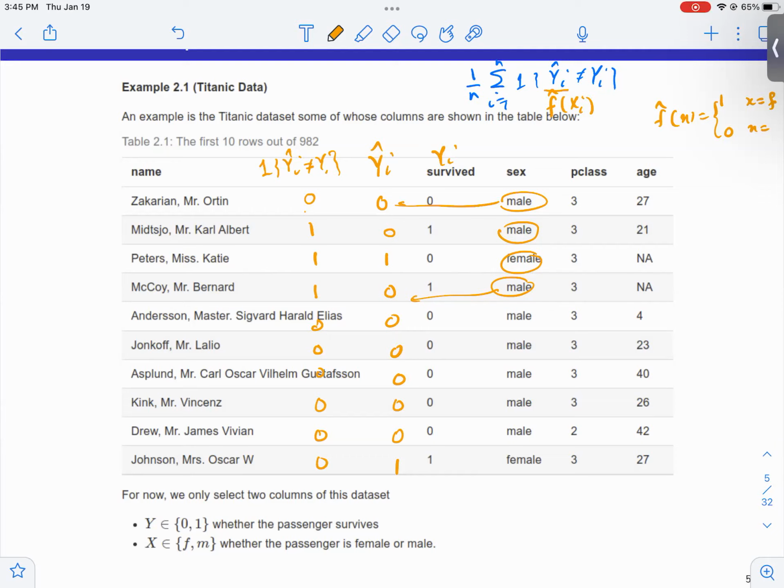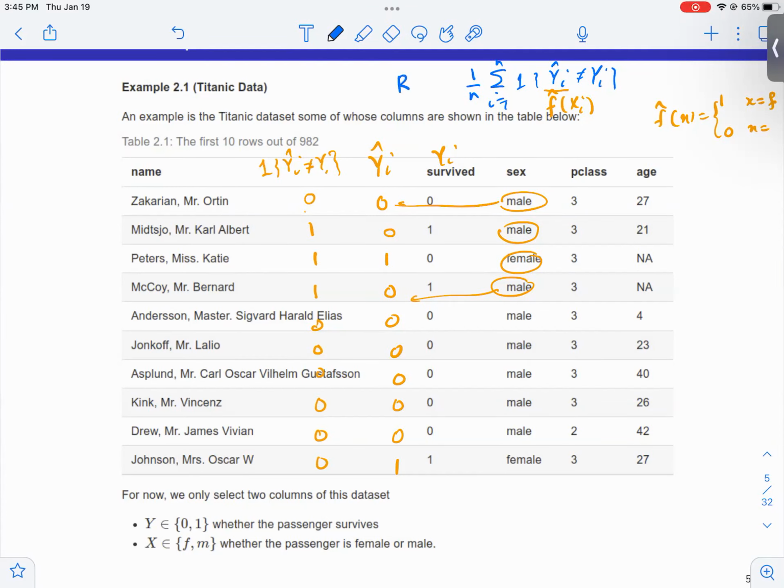Let's say my entire data for now is 10 lines. So what would be the estimate of the misclassification rate? 0.3, yes.